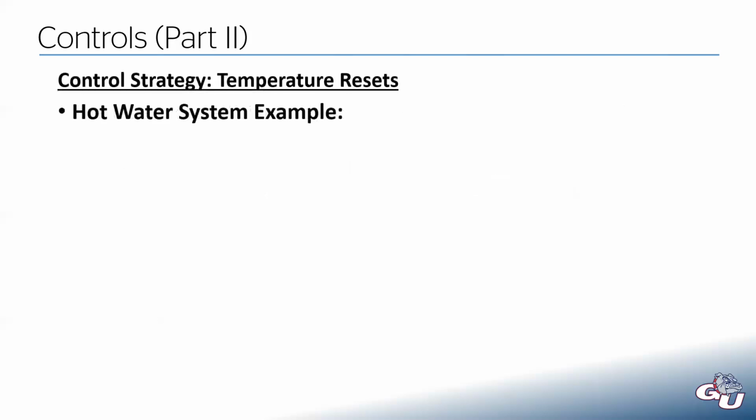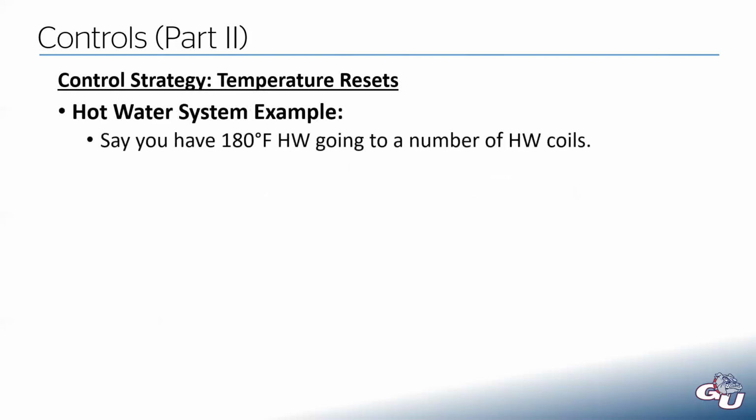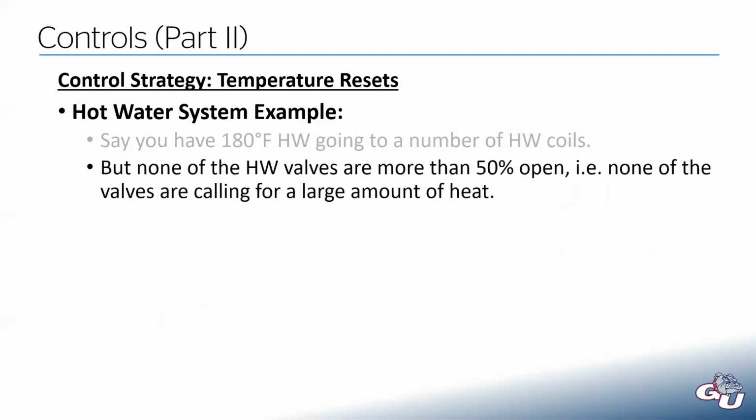So if we had a hot water system, let's say we're sending out 180-degree water to a whole bunch of hot water coils out in the system. But if you look at your control system and you see none of my valves are more than 50% open, which means none of my spaces are calling for that much heat, they're all just cranking back a bit and saying, hey, we're good, we only need 40% of our flow or 50% or whatever.